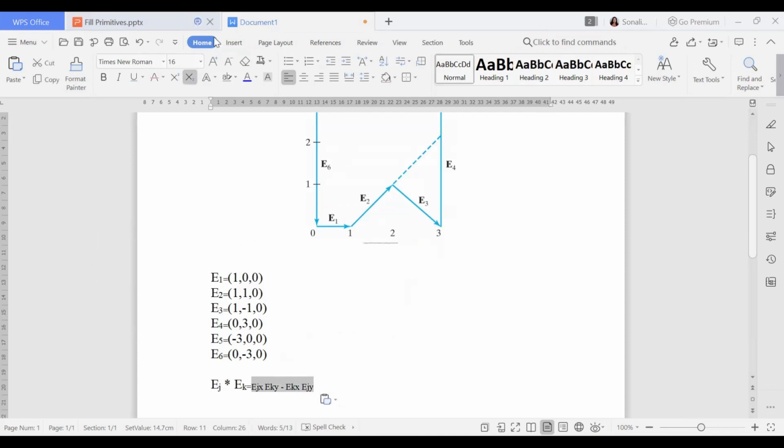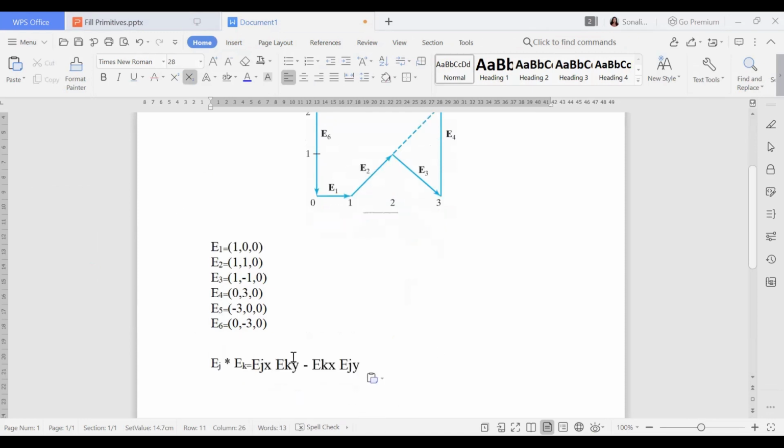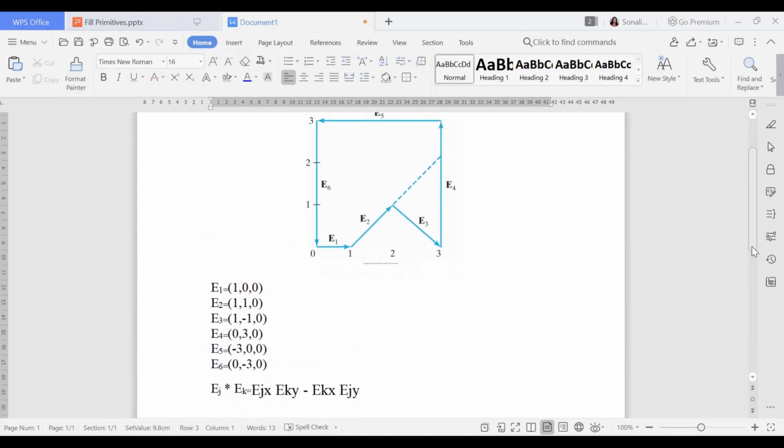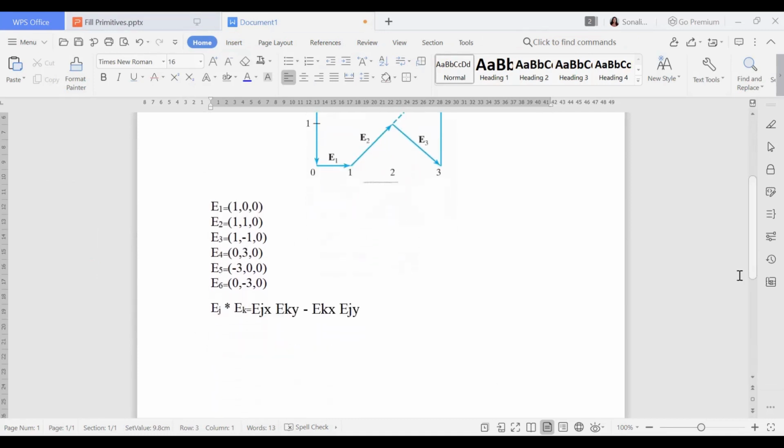Okay, so I'll just increase the font size. Fine, so you can see now. Now we are going to use this. You can see the diagram again, and we are going to write it. Fine. I'll take the first one, where I have to do the cross product of my E1 and E2.